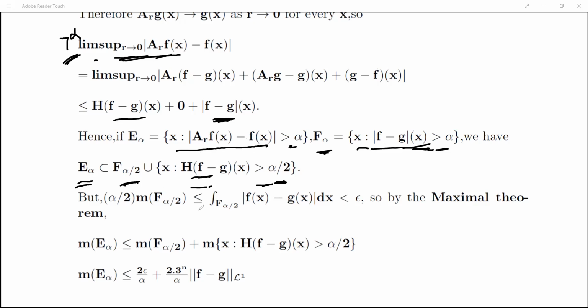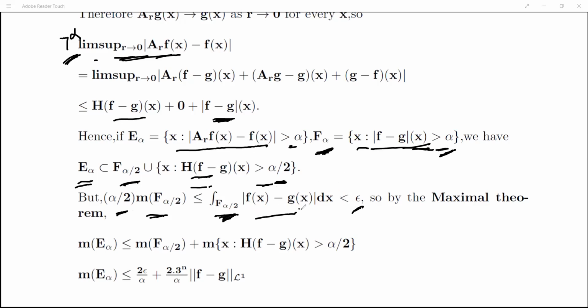So that is very easy. On F alpha by 2, the difference of F and G is greater than alpha by 2. So you can see that the integral of mod of F minus G over the set F alpha by 2 will be greater than alpha by 2 times the measure of F alpha by 2, right? And you know that this quantity is less than epsilon. This is from the approximation.